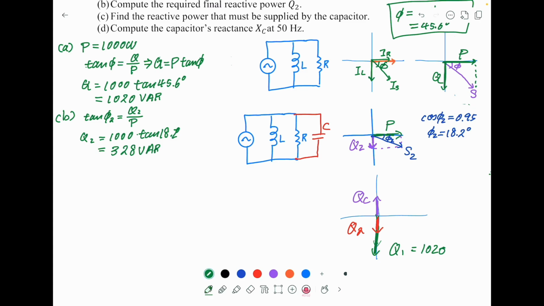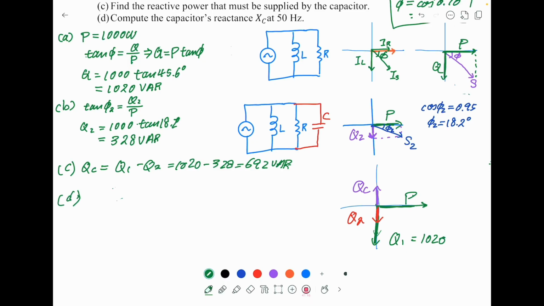So the QC will reduce the reactive power, and you can see from here the QC should equal Q1 minus Q2, and this is 1020 minus 328, equal to 692 VAR. This is part C.